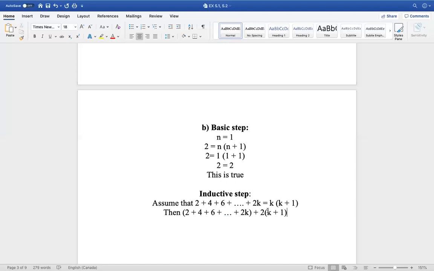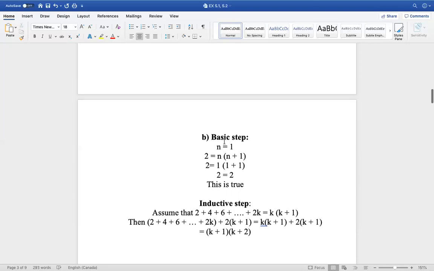Okay, and then this will be equal to k into k plus 1 plus 2 into k plus 1, which is equal to k plus 1 and then k plus 2.